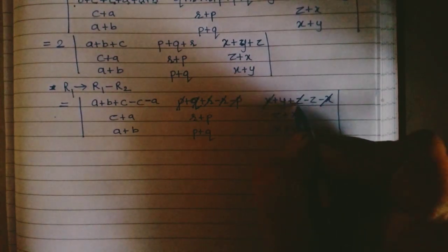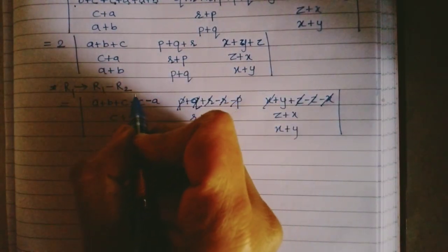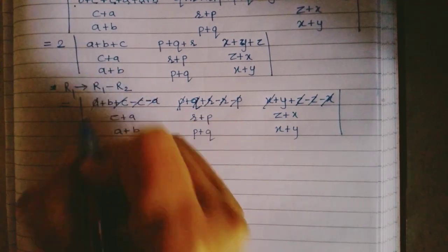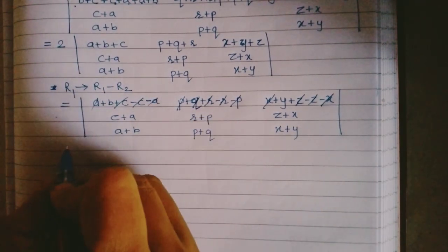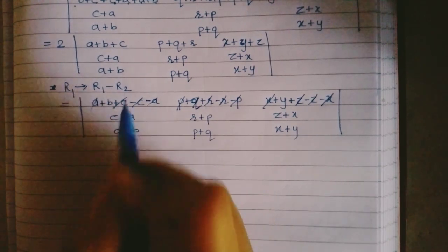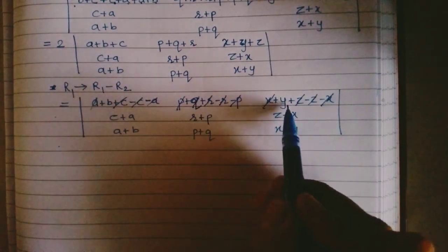Here you will get only Y and here you will get B. Okay, now this is B, this is Q and this is Y.